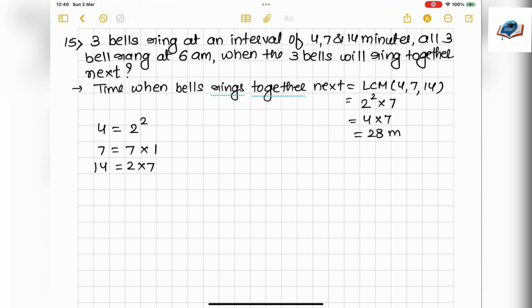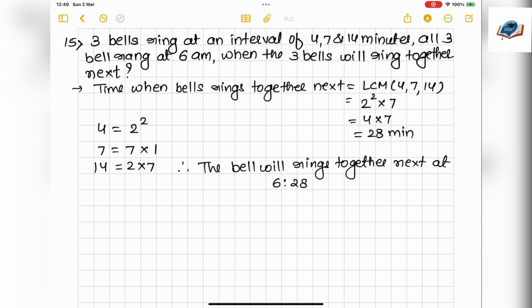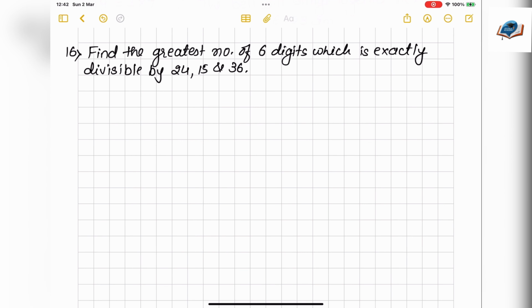So therefore the bells will ring together next at 6:28 a.m.